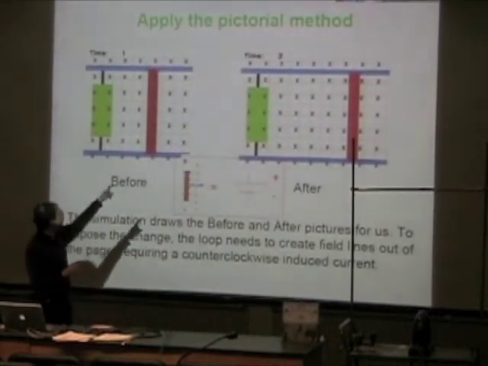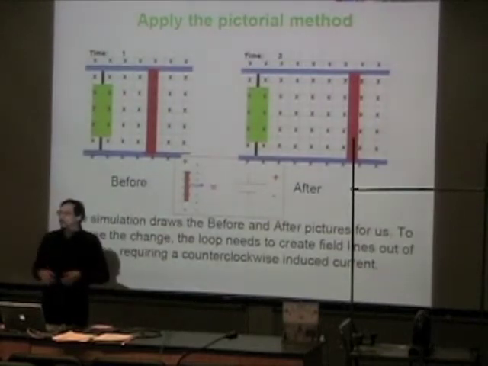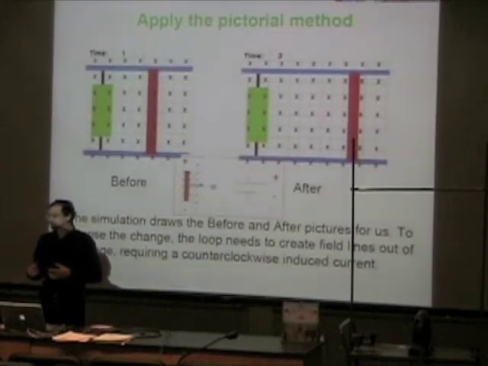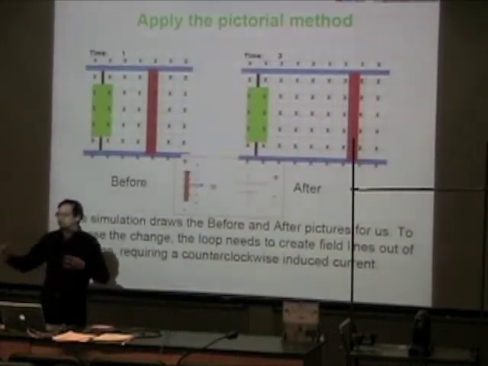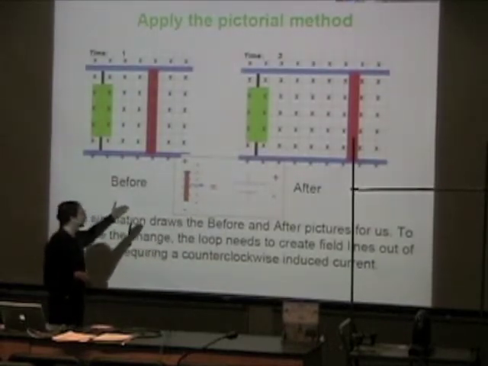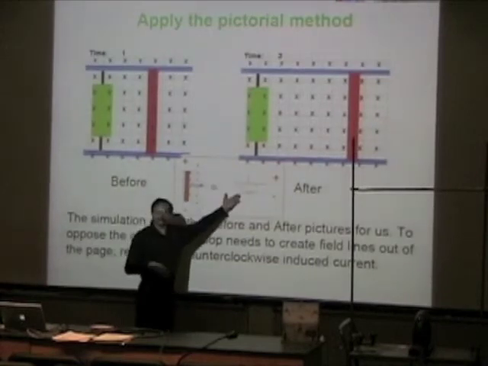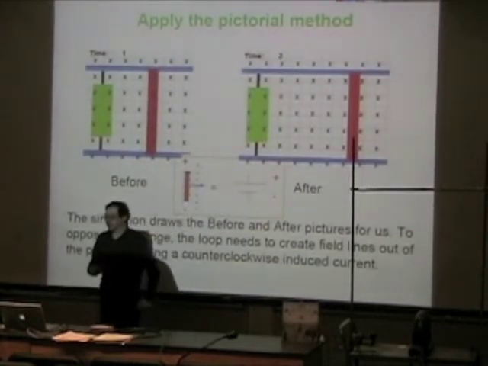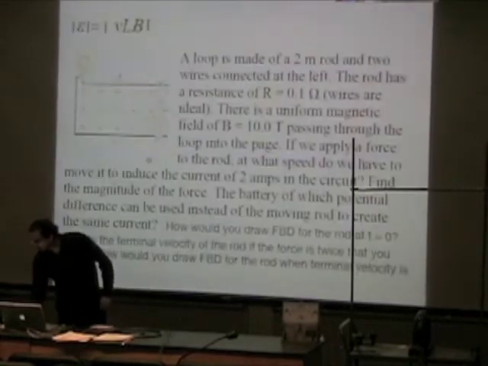Of course, the before and after approach will give you the same result. But you have to draw before and after to use the right-hand rule, so it just takes more time. If you look at this moving rod in terms of the battery, it gives you the answer a little bit faster.